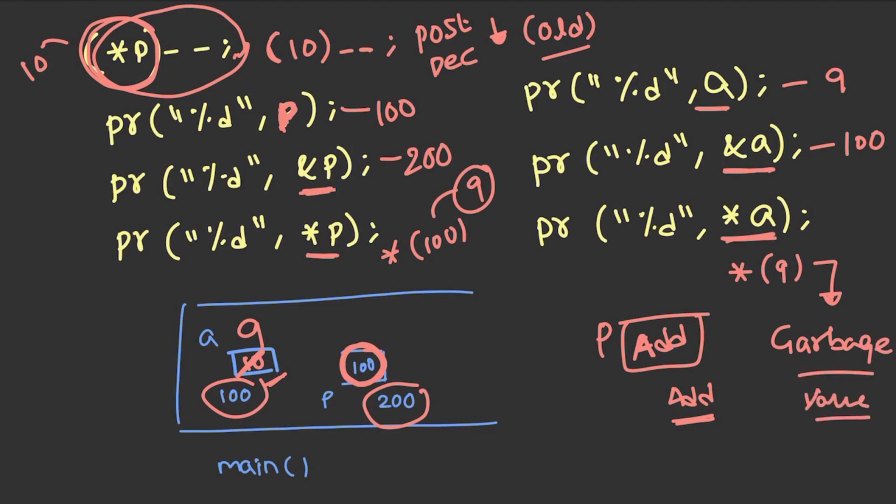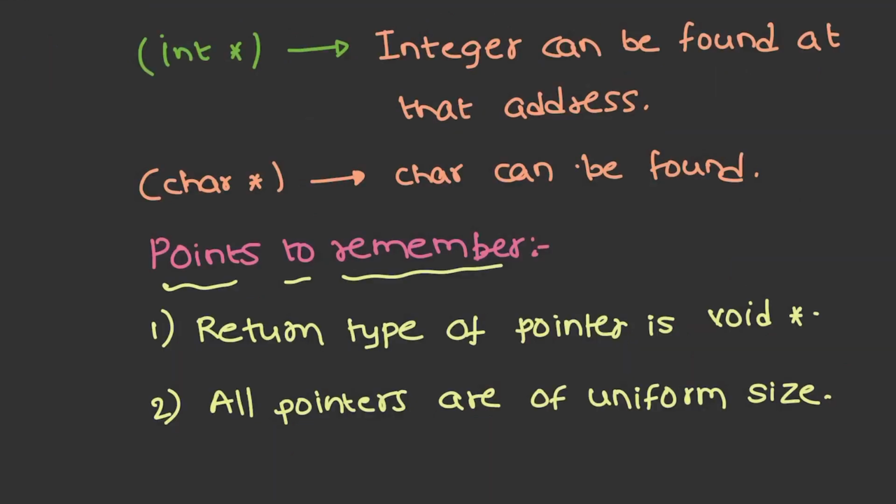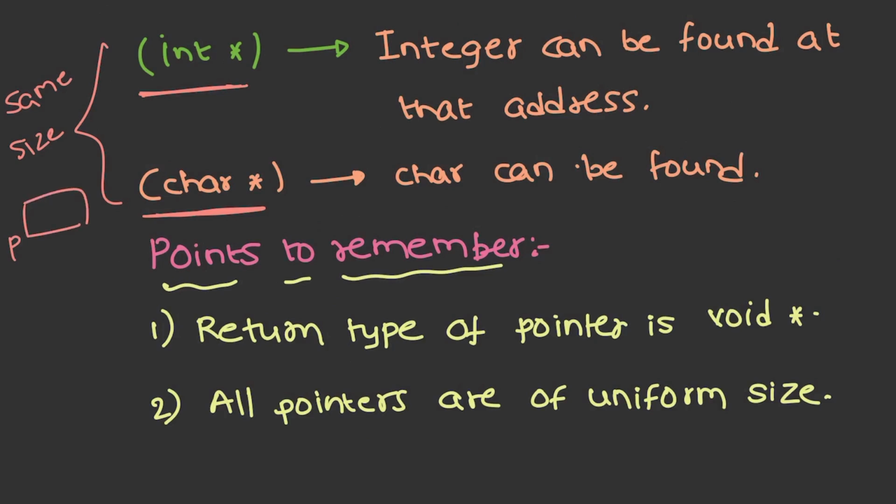We have discussed a lot about pointers, and before working with pointers, there are some things you need to understand. Let's take for example an integer pointer and a character pointer; both of them tend to have the same size. That is because a pointer is storing an address, and an address in C programming is a hexadecimal value, which is an unsigned integer.